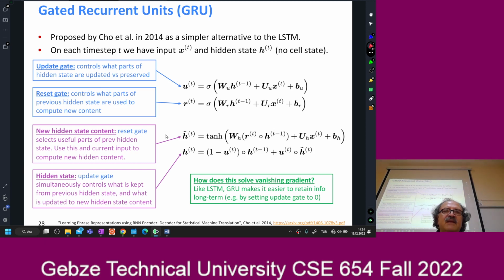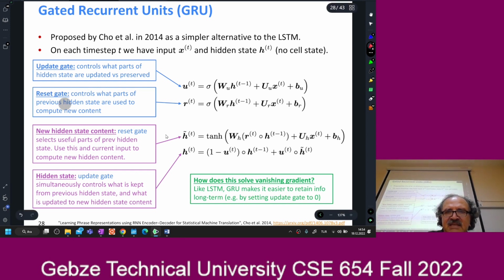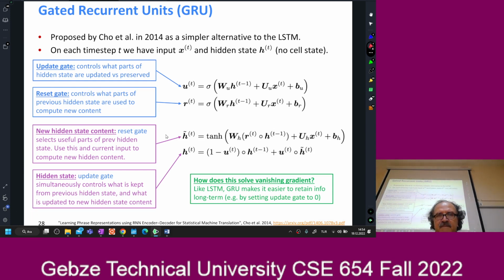Okay, well, this is not LSTM, but this is GRU, gated recurrent units. As I said before, this is a simpler gated recurrent unit. This is the update gate and reset gate. Update is kind of input plus the output gate, and reset gate is forget gate.